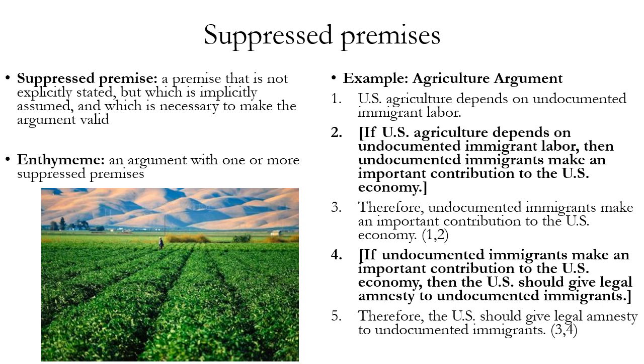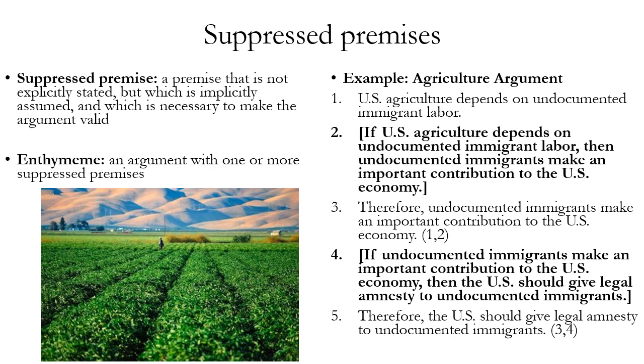But that leads to the second reason for identifying suppressed premises, because sometimes the premise that's left out could itself be controversial. It could be false or unreliable, and so we want to identify what the argument needs to assume to make the conclusion follow, because we may want to attack one of those suppressed premises. The term for an argument that leaves out one or more premises in this way is called an enthymeme.